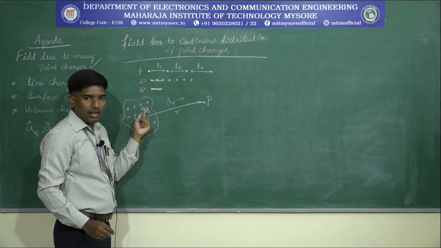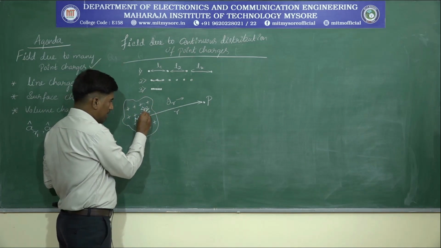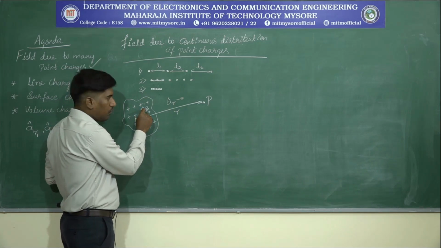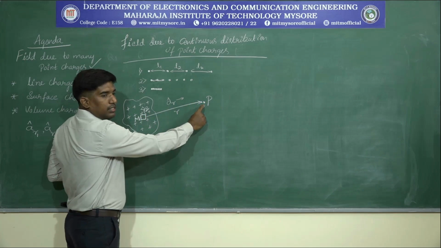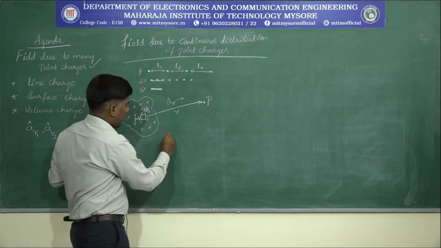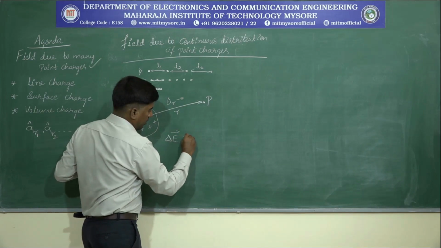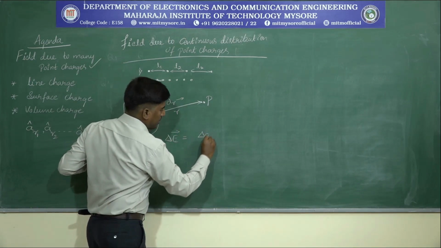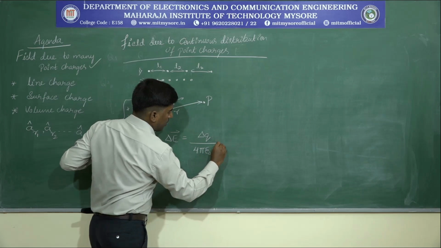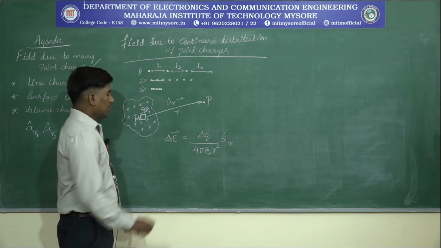Out of this area, we are considering only the elementary part, hence the charge at this elementary part is delta Q. So the electric field intensity at point P due to this elementary charge delta Q is given by: elementary electric field intensity is equal to elementary charge divided by 4 pi epsilon naught r square into a cap r. This is the equation, right?